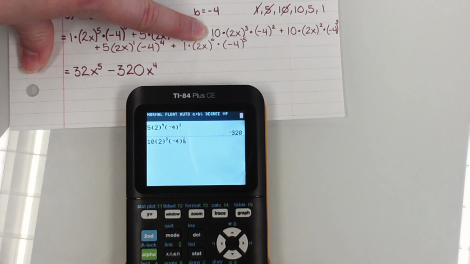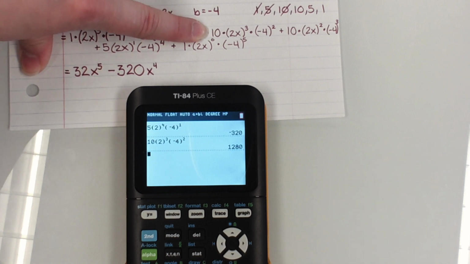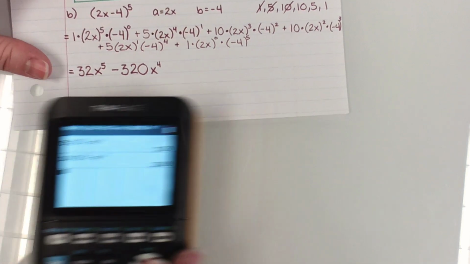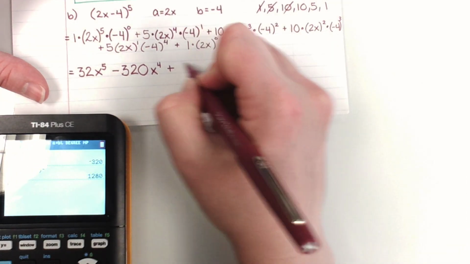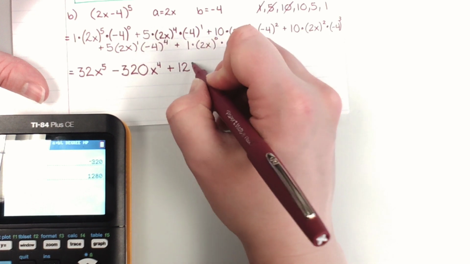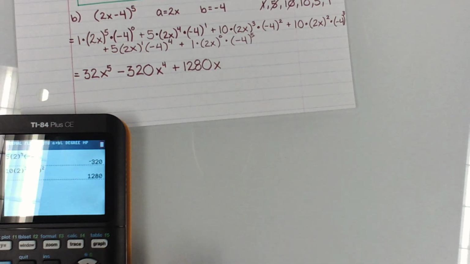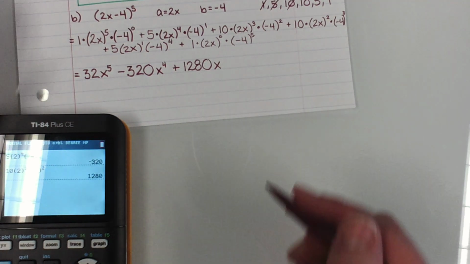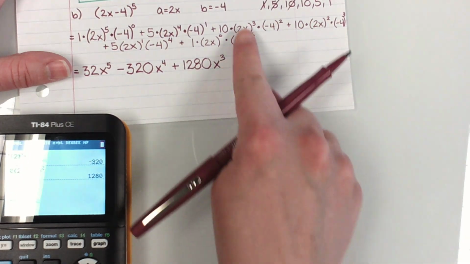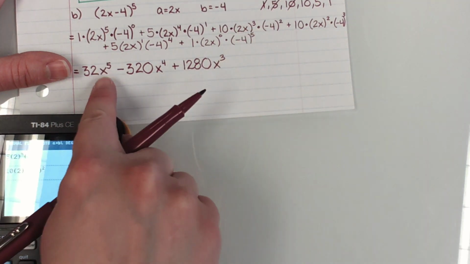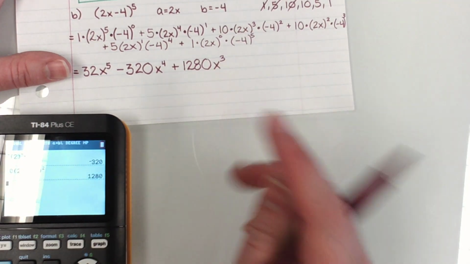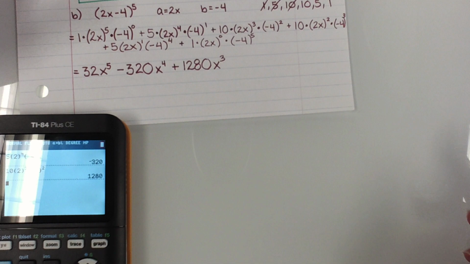Negative 4 to the power of 2. 1,280. It's positive, so plus. Do not forget your plus and or minus signs. X is going to be to what power? 3. At this point, I could ignore it up here and just look at the pattern. It was 5, it was 4, it was 3. What's it going to do? Decrease by 1.